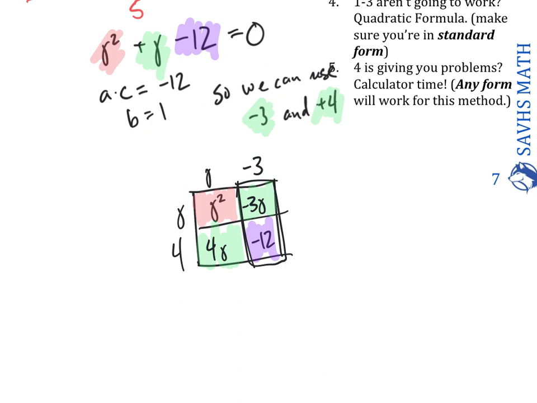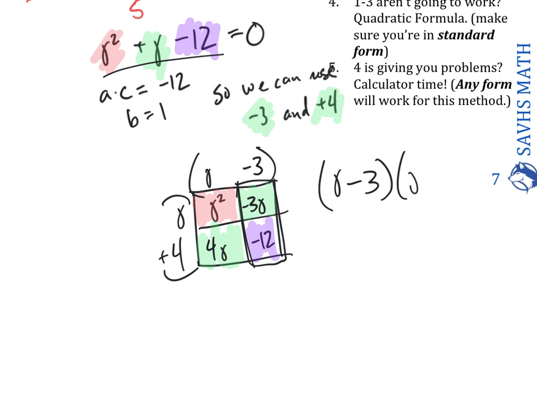Okay, so now what we have is the factoring for this quadratic. We can rewrite this as gamma minus 3 times gamma plus 4 equals 0. Okay, so then we have the zero product property.